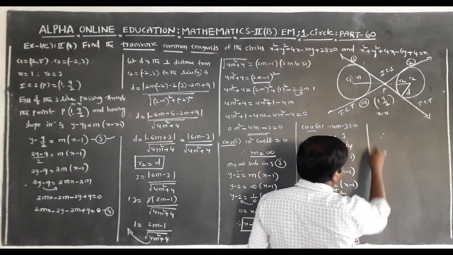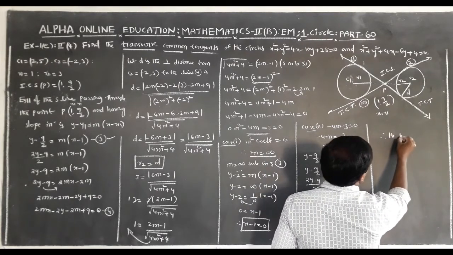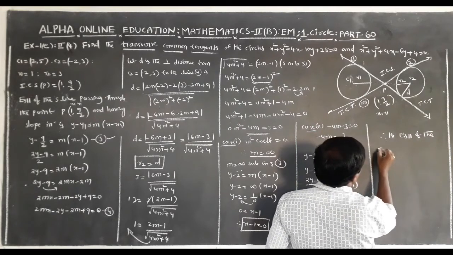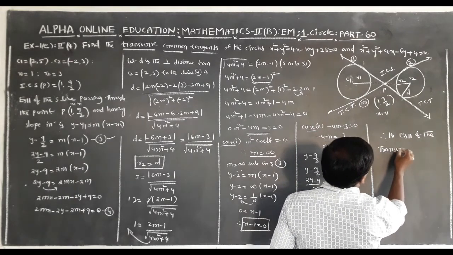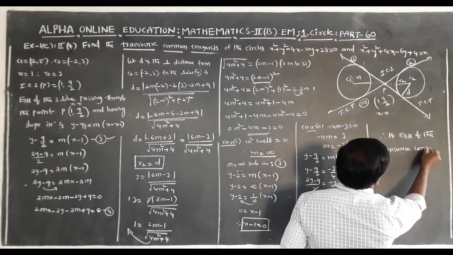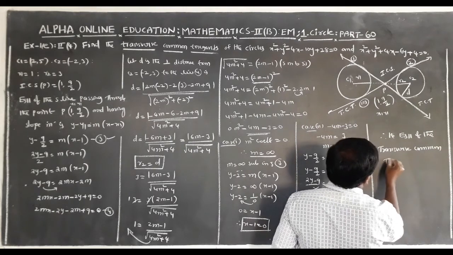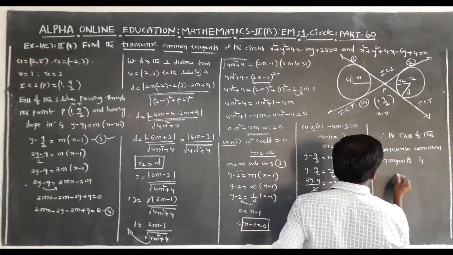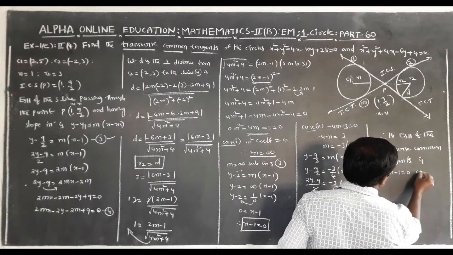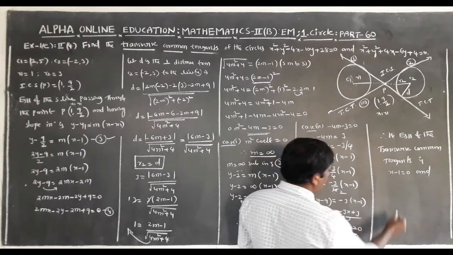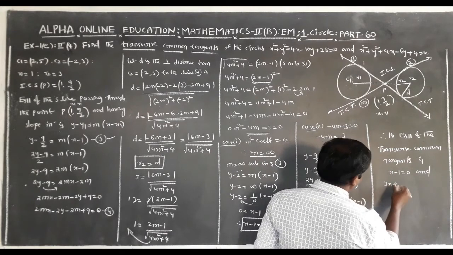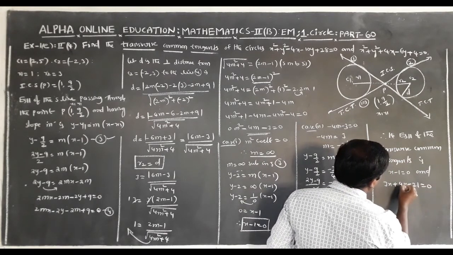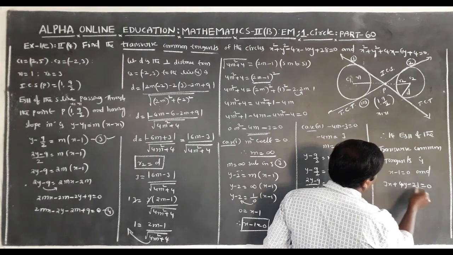Therefore, the equations of the transverse common tangents are x minus 1 is equal to 0 and 3x plus 4y minus 21 is equal to 0.